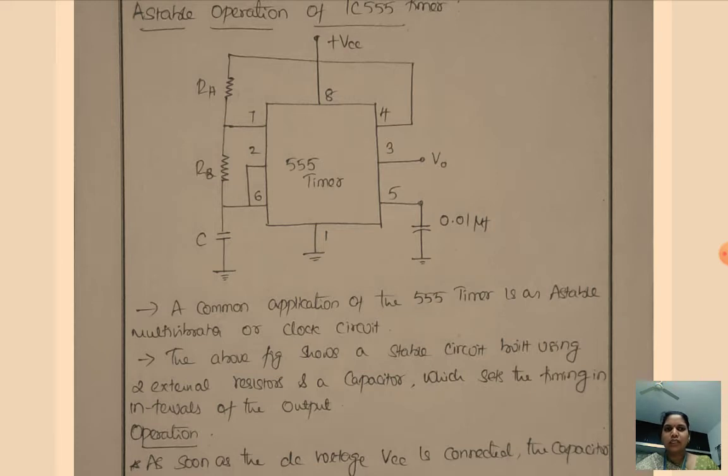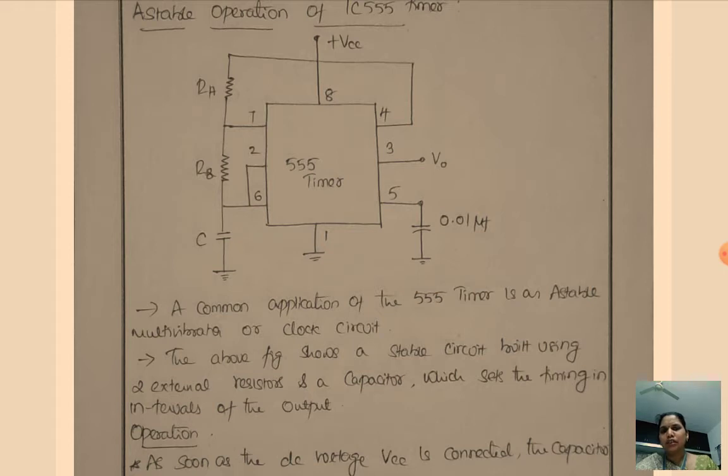Pin 7 is the discharge pin, and this pin is taken from the output of the discharge transistor, and this is connected directly to RB.